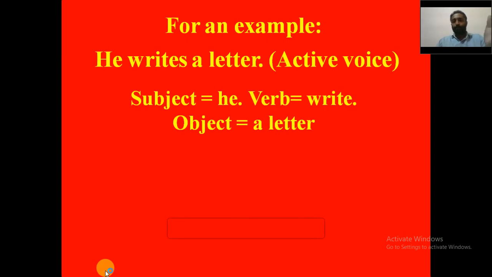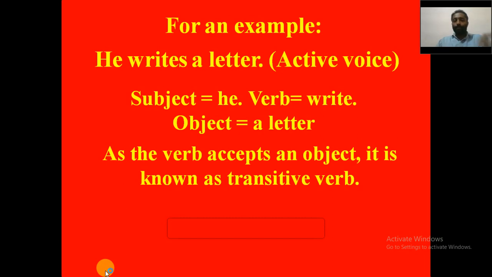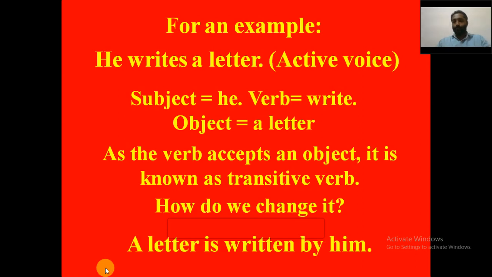Subject we have got he, verb writes, and we have got an object, a letter. So this sentence can be converted into passive voice because the verb accepts an object in the sentence. As the verb accepts an object, it is known as a transitive verb and it can be converted to passive voice, and it will be: A letter is written by him.